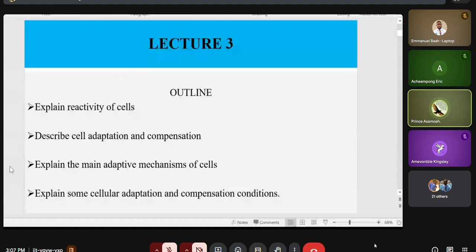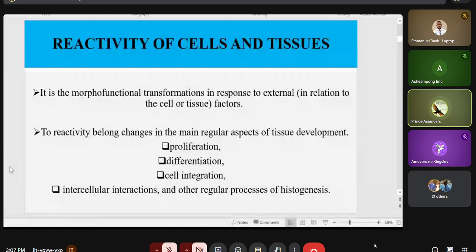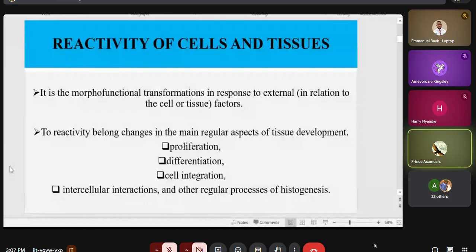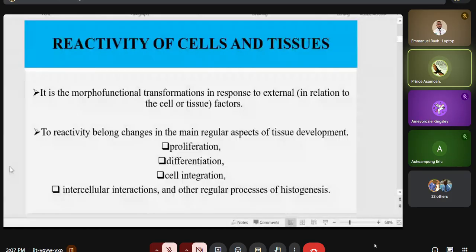Now, what is reactivity of cells and by extension tissues? As the name suggests, reaction of cells. Okay.